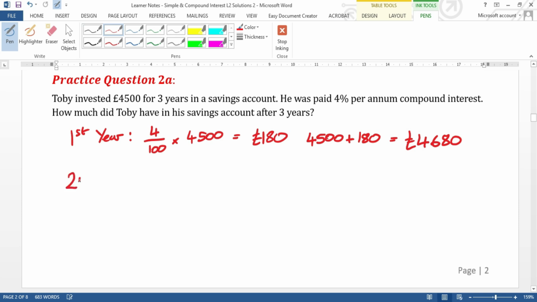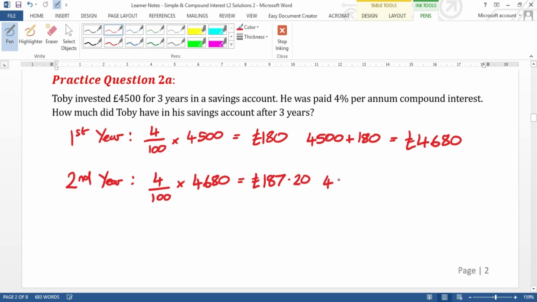Now let's do the second year. 4% of the new amount, 4,680. That gives me £187.20.